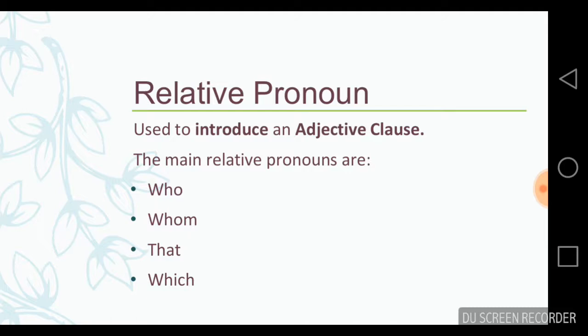Actually, relative pronouns do not only consist of who, whom, that, and which, but we commonly only use these four relative pronouns. I will give you the explanation for each one.